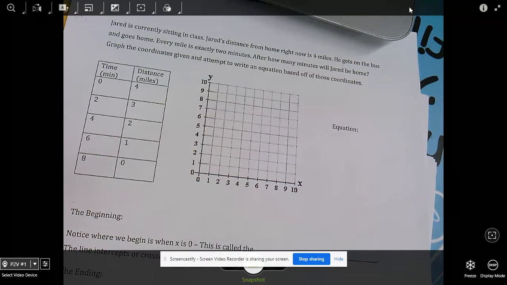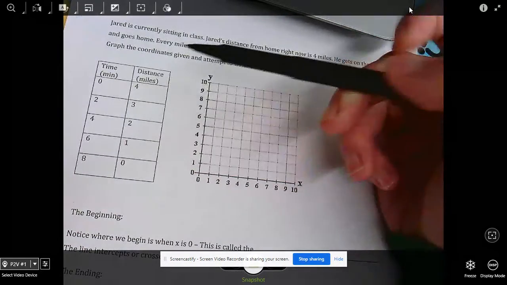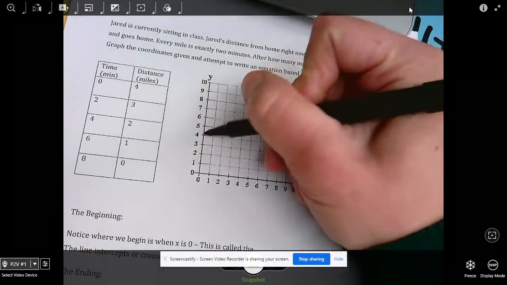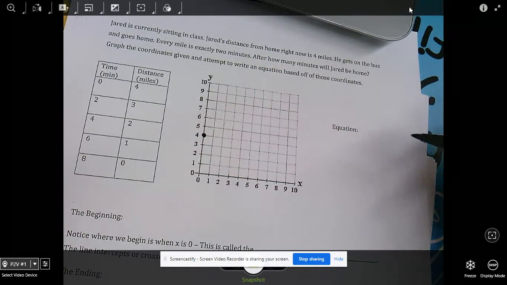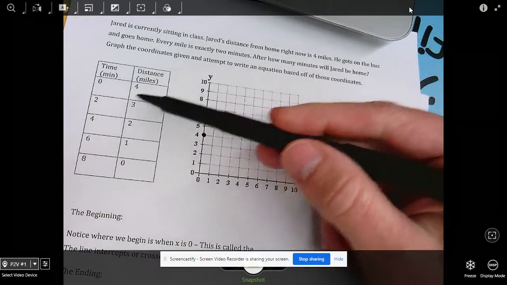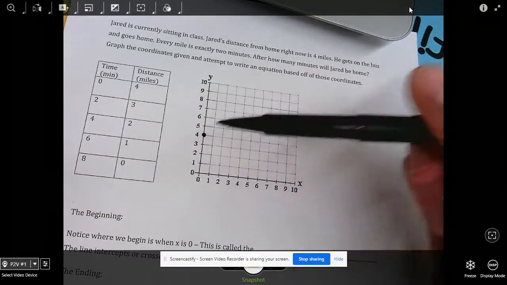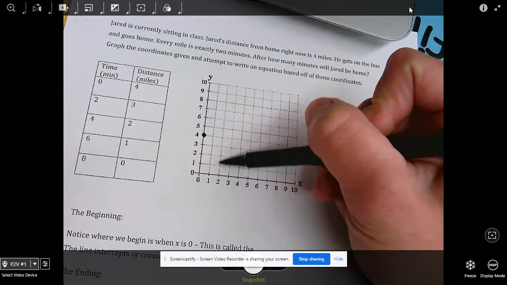Okay, so he begins. No time has gone. He begins at 4. And then after 2 minutes, he goes to 3.